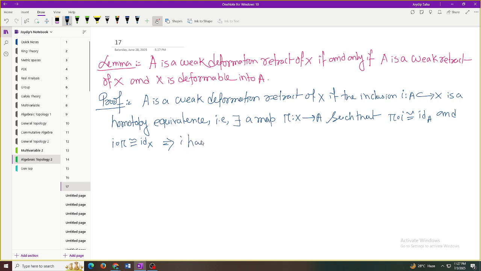i has a left and right homotopy inverse.